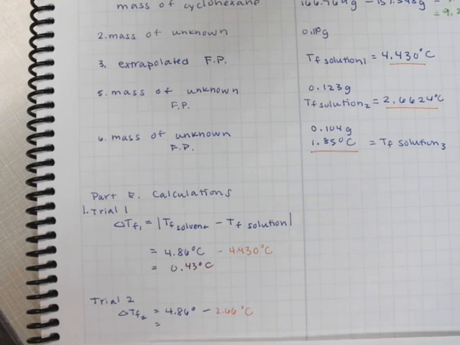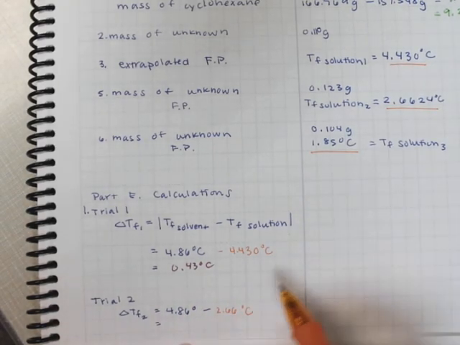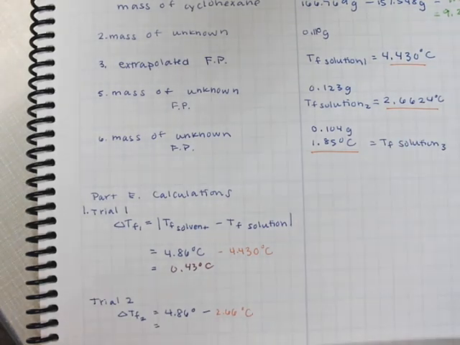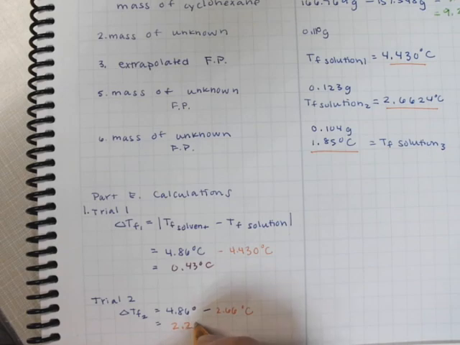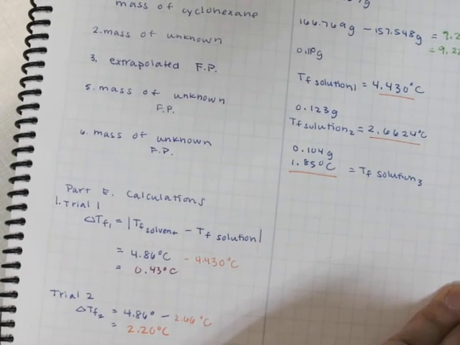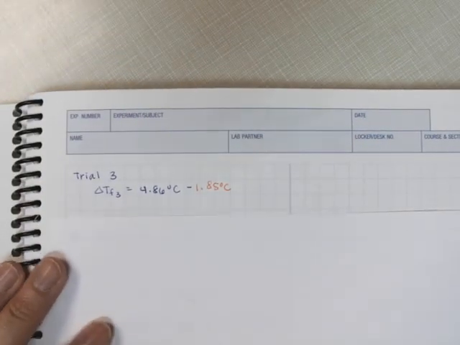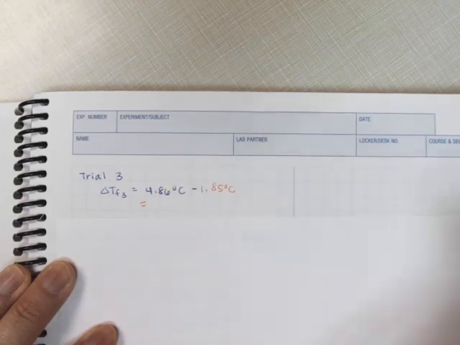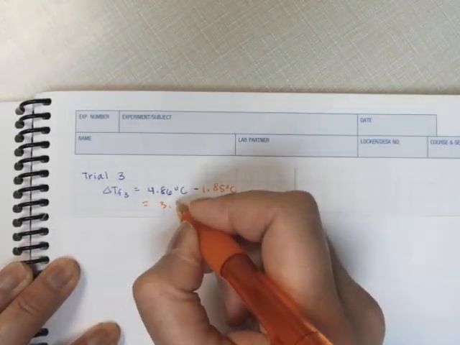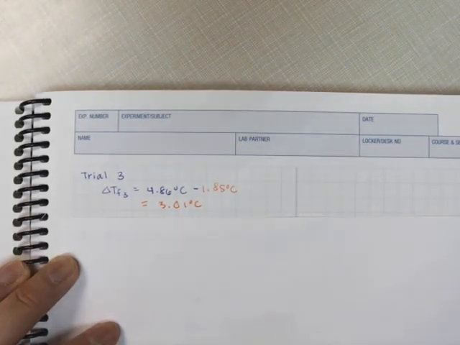For the second, again, it's just 4.86 minus the 2.66. This is 2.20. And for trial 3, it will be 3.01 degrees Celsius. So that's how you would find the delta TF.